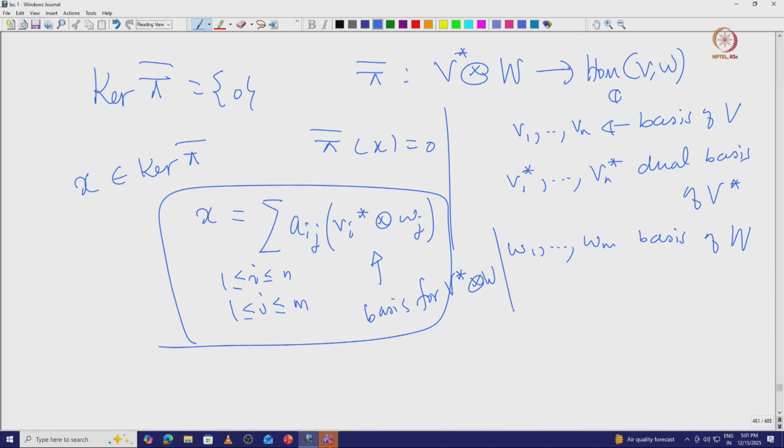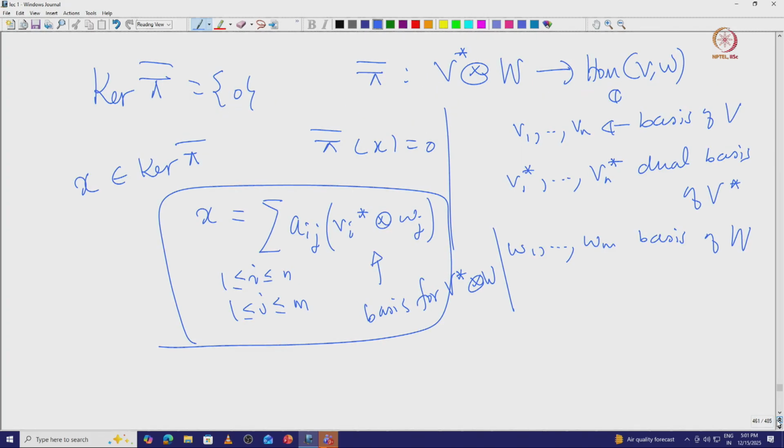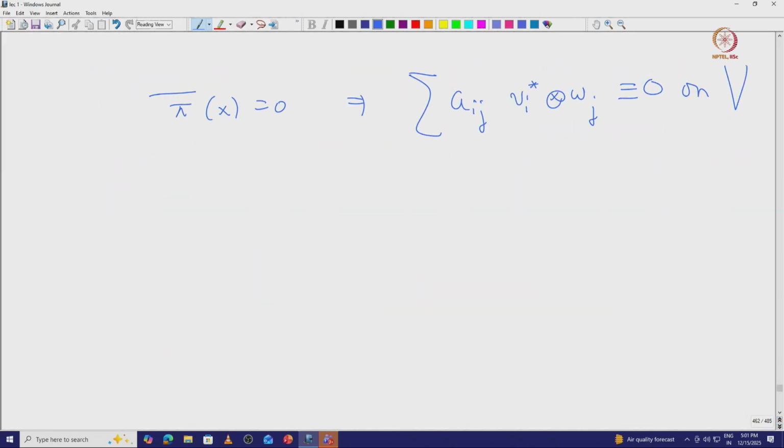Now, pi bar of x equal to 0 would imply that the summation of A i j and then these maps V i star tensor W j is identically 0 on the entire capital V. So, what we can do is simply apply it on this basis element V k and see what happens.